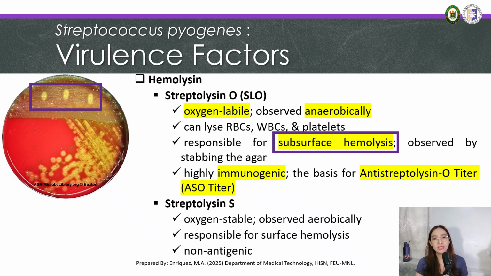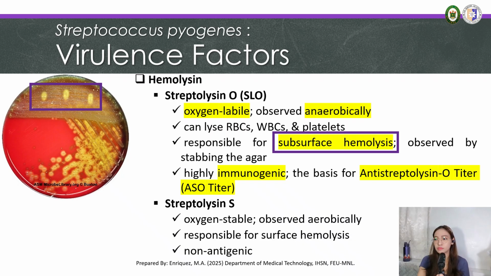Okay? Now, this one is also non-antigenic. Okay? Again, kabaliktaran ito ng SLO. Ang streptolysin S po is non-antigenic, meaning kahit gaano karami pang streptolysin S ang i-produce ng isang organism, our immune system would not react to this. All right?